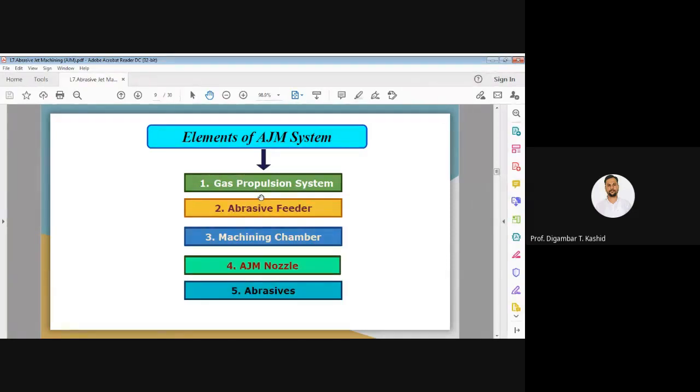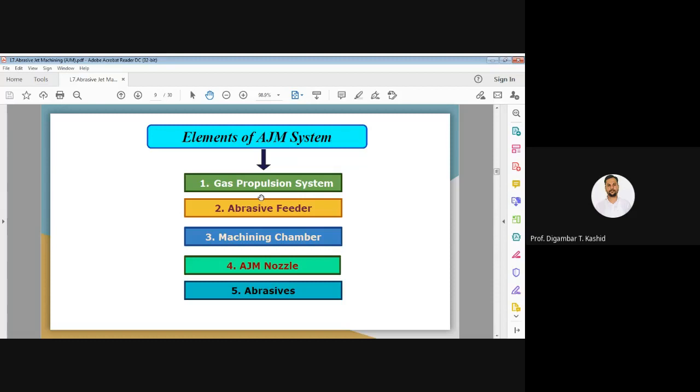For that purpose, to propel the abrasive particles, we need some gas. It may be air or another gas also. So the gas propulsion system is required to propel the abrasive particles.